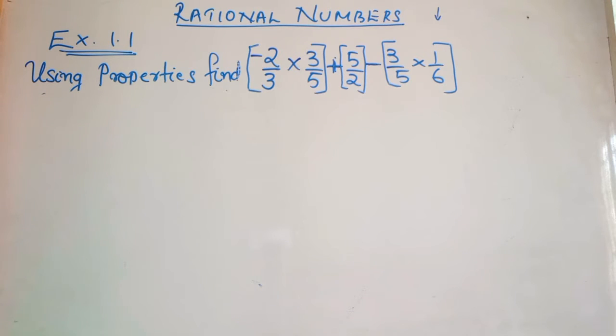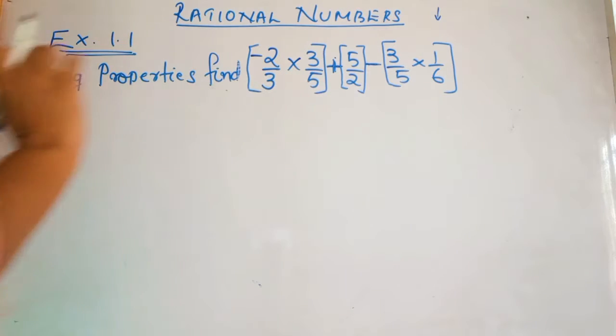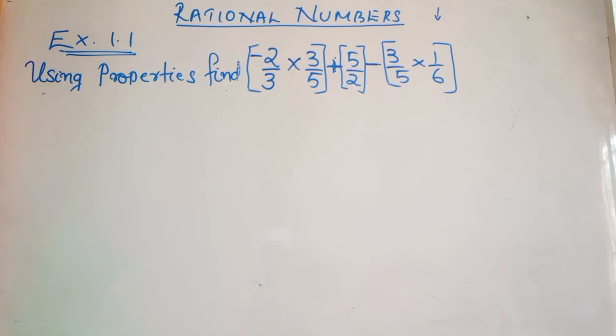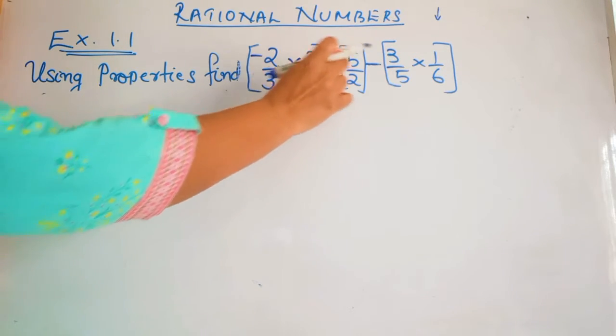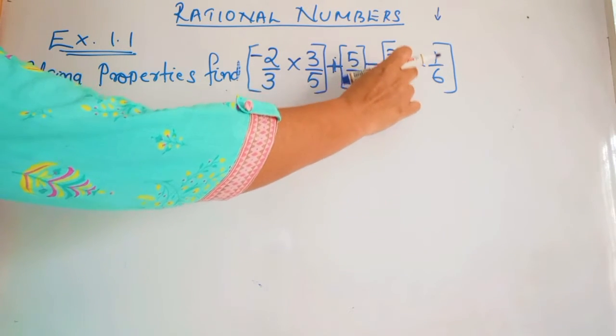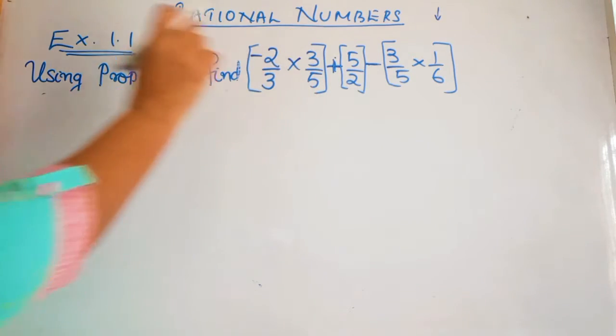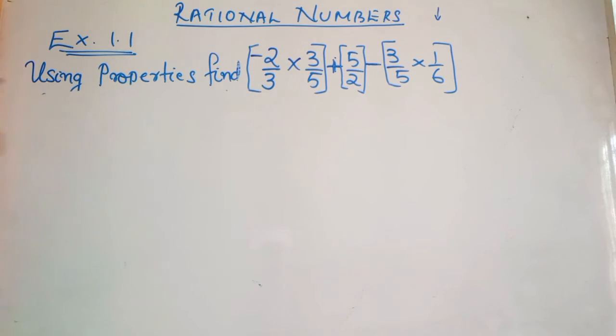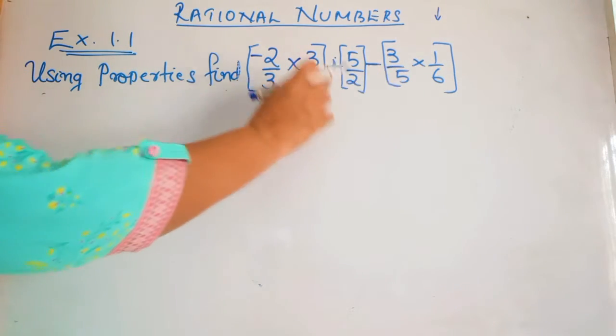Now the next step is that we need to identify the common rational number among these. Here you can see that 3 by 5 is common, 3 by 5 here and here also we can see 3 by 5. So we got 3 by 5 as a common rational number.